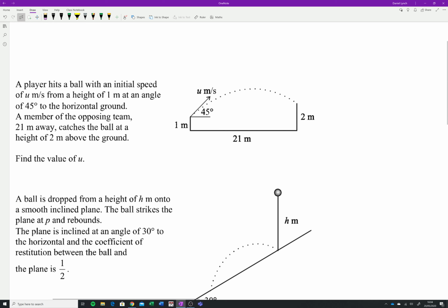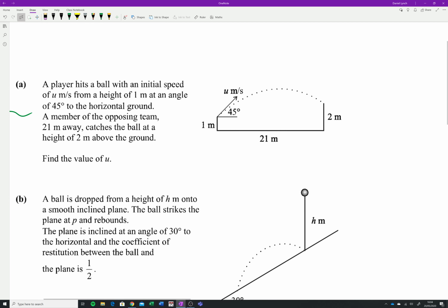Okay, so if you look at the diagram that they've given us here, I'm just going to make a little proposal. Let's forget the fact that the player is 1 meter tall and have this here as our starting point. And what we'll find is basically we're kicking it off the ground at a 45-degree angle to begin with.